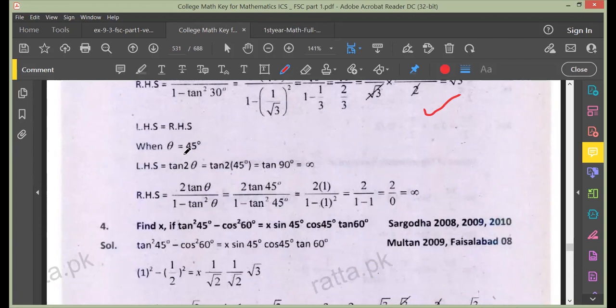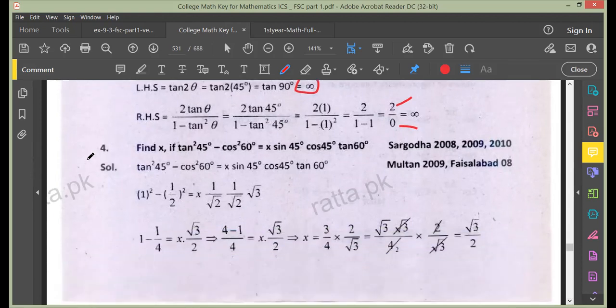At angle 45, tan 2θ is tan 90, which is undefined. Similarly, if we write 2tanθ using θ = 45, the answer is 2, over 0 in the denominator. We know that this is called the numerator and this is called the denominator. So this value is equal to infinity if the denominator is equal to 0.